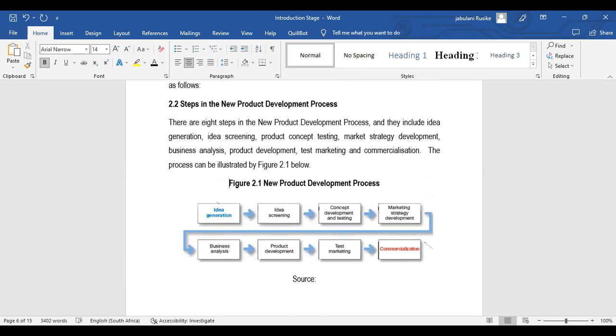So this is question 2. So my figure becomes figure 2.1, New product development process, and here for the source, you put the author of this diagram, right?